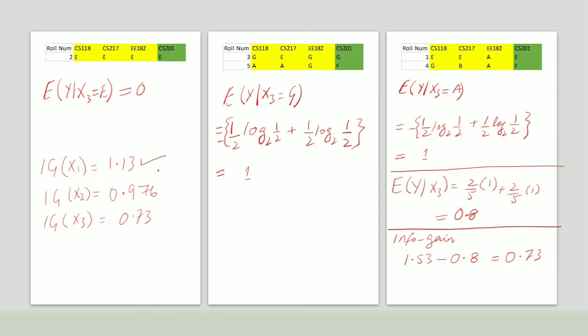So the maximum information gain is from the column X1, so we'll use this to split our root node and make a decision tree. In the next video we'll see how we'll make the decision tree based on this information gain of column X1.